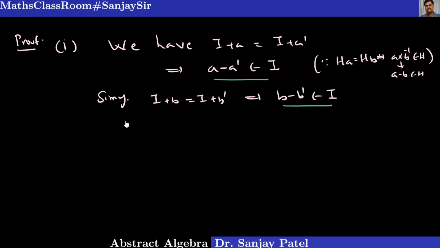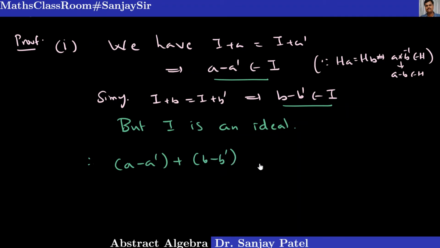So from these two observations, this is an element of I, this is also an element of I, and I is an ideal, so the sum of these two is also an element of I. So I can say A minus A dash plus B minus B dash also belongs to I. But A, B, A dash, B dash are all elements of the ring, and addition is commutative, so I can rearrange this using the associative property.